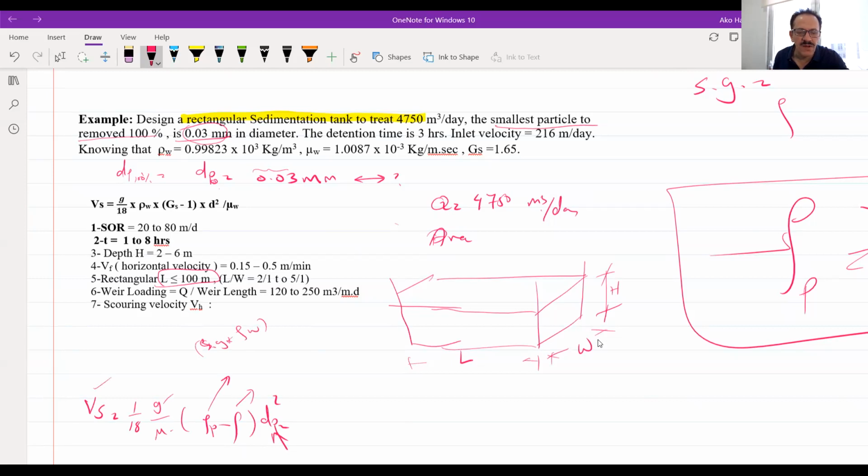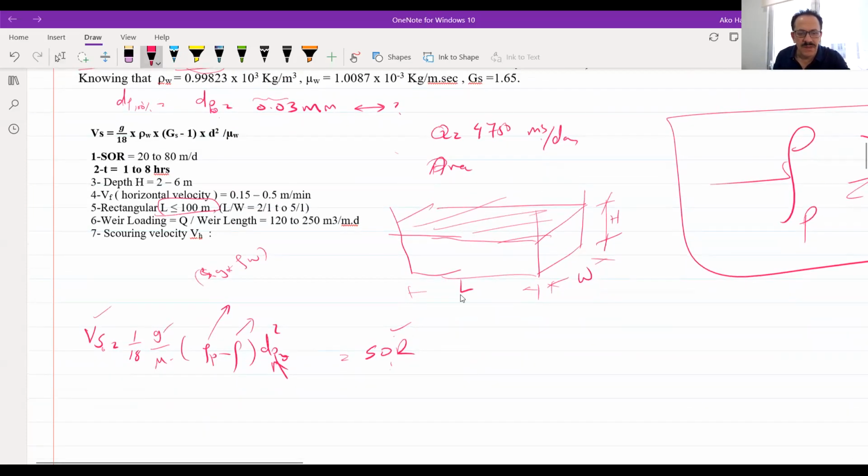So I will find the Vs, and because this is 100% removed, this is called Vs naught or SOR. This is a key, because I have the Q and I will have the SOR. So from those two, I will get the area.